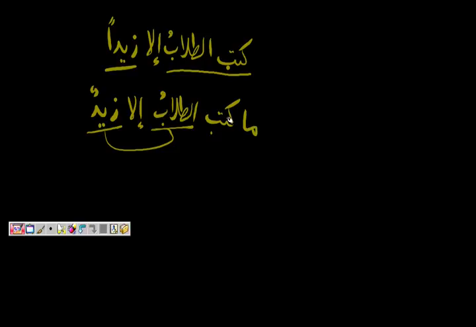And at-tullab is the fa'il of ma kataba. Who did not write? The students, except for Zayd. Now, there are other rules and possibilities that exist, but we will ignore that.